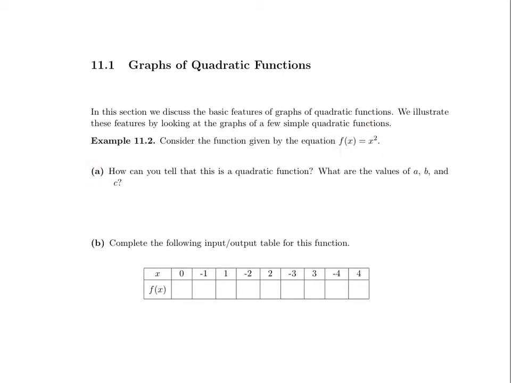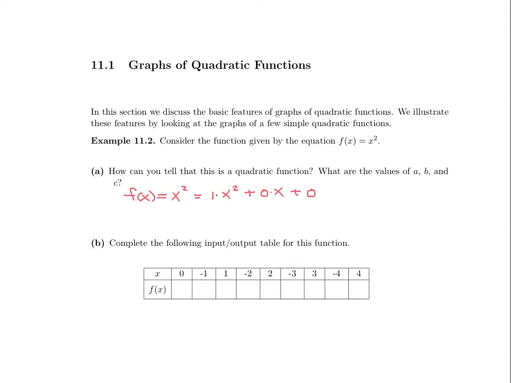Let's look at part A. First of all, how can you tell that this is a quadratic function? What are the values of a, b, and c? Well, if we start by just writing the equation down, notice that we can write x squared as 1 times x squared plus 0 times x plus 0.